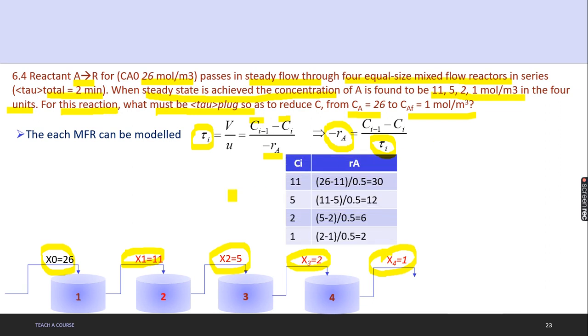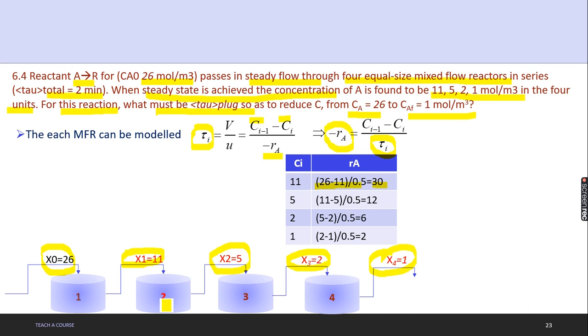So for all 4 reactors we will find the RA values from simple algebraic calculation. For example, in reactor 1 the concentration is 11, because 11 is going out and going to the second. The rate is 26 minus 11 by tau. The tau value we already know is 0.5, so 26 minus 11 by 0.5 gives 30.